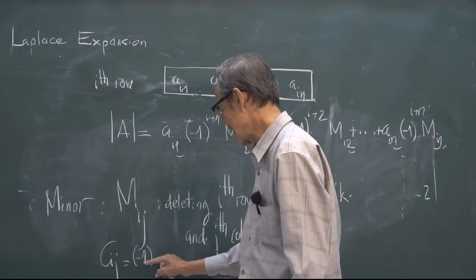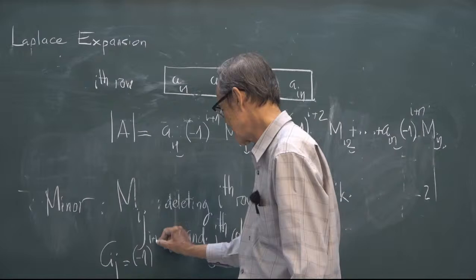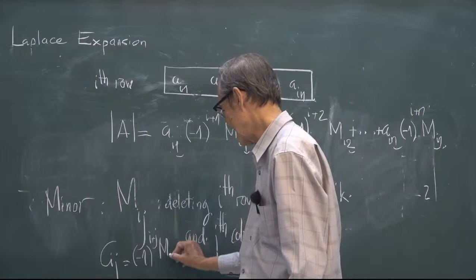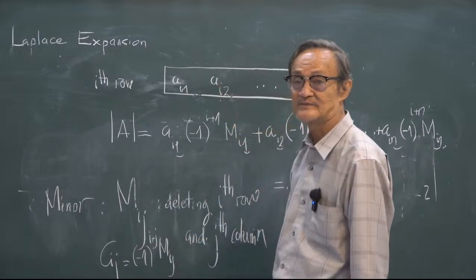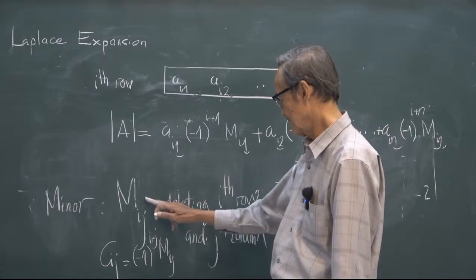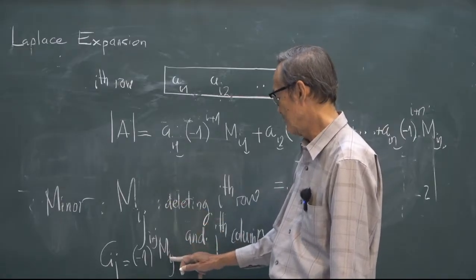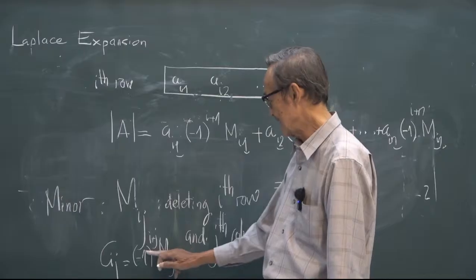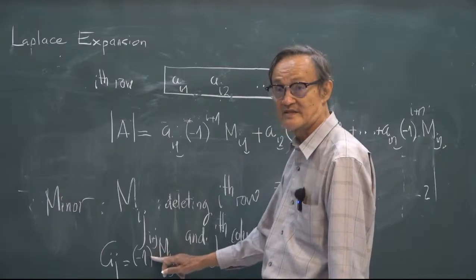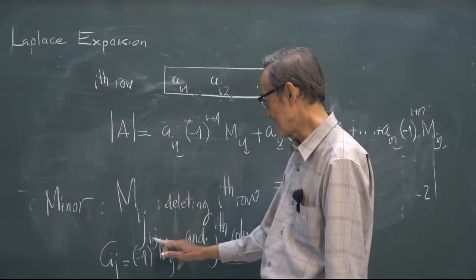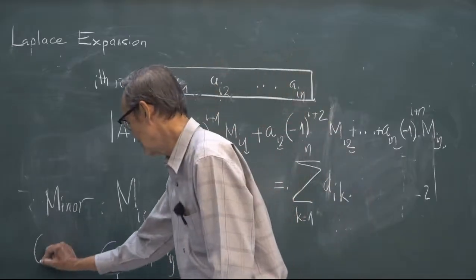Number minus sign, I plus J, and M_ij: deleting row I and column J. Before we have the number of minus sign, the cofactor.